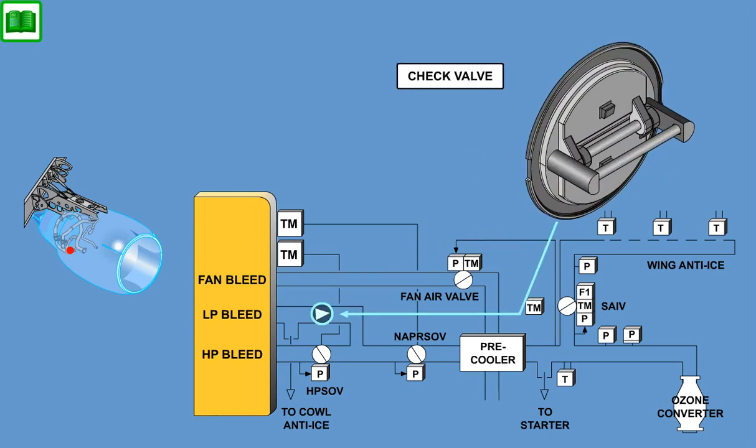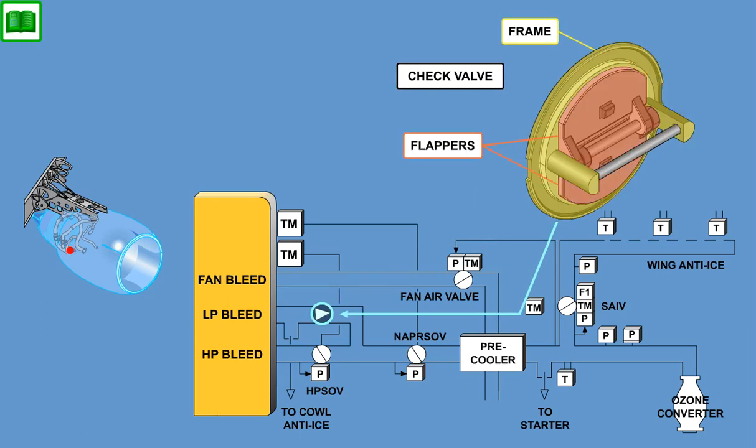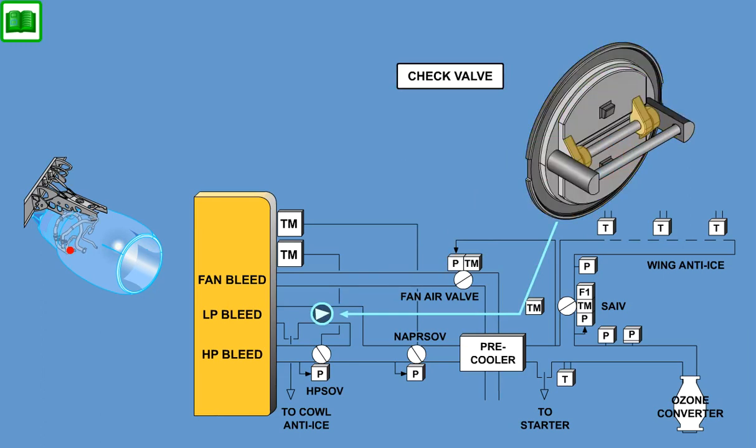The low-pressure check valve is a dual-flapper, duct-mounted check valve. Frame and flappers are made from Inconel and are hinged in the center of the check valve frame with a pin to prevent reverse flow of high-pressure bleed air into the engine low-pressure supply port.